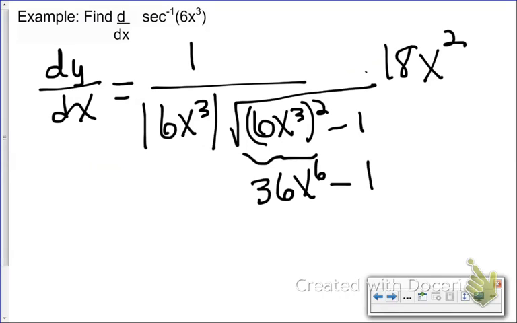The other thing that people ask me a lot is, can I simplify 18x squared over 6x, absolute value of 6x cubed? If you knew for sure that it was positive, if they told you somewhere in the problem or you knew that it was positive, you could then get rid of the absolute value symbol and simplify the 18x squared over the 6x cubed.